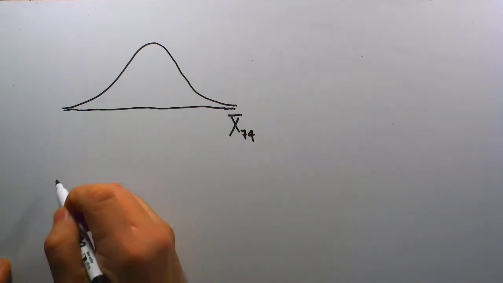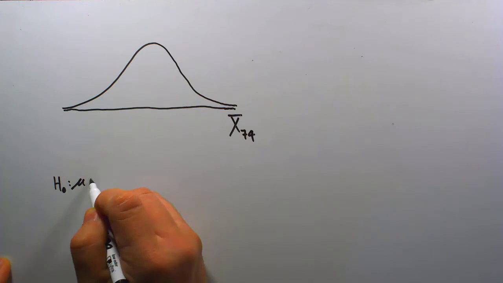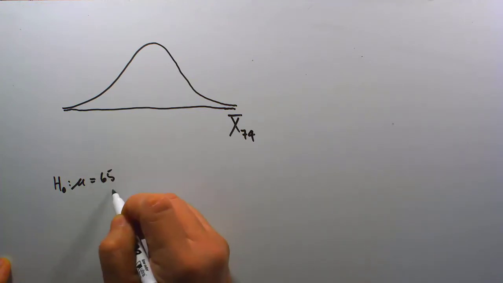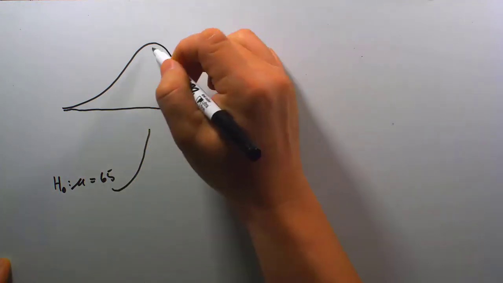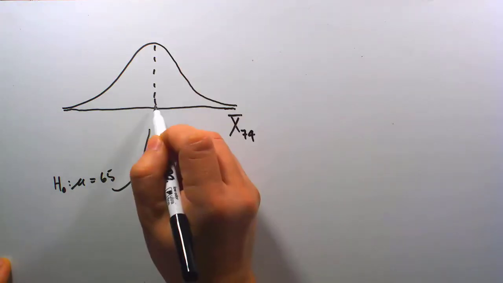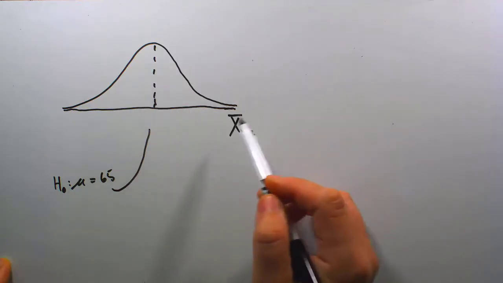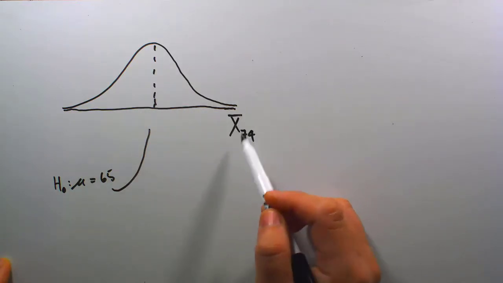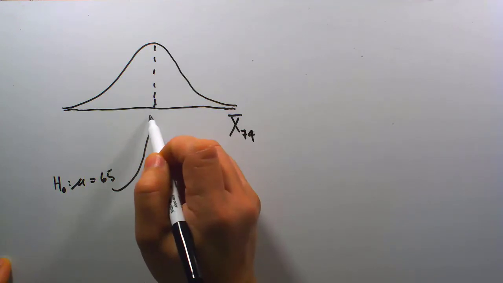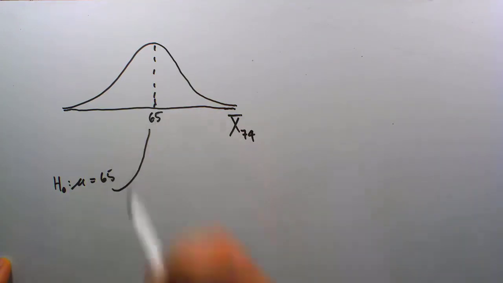We have learned how the value being claimed in the null hypothesis has become the center of our bell curve for representing the distribution of all sample mean values at size 74. So consequently, 65 is right in the middle of this bell curve.